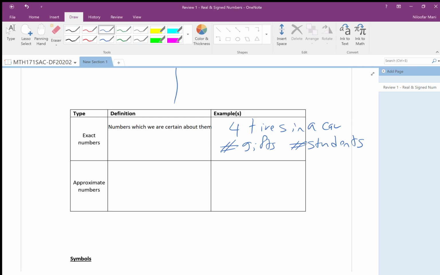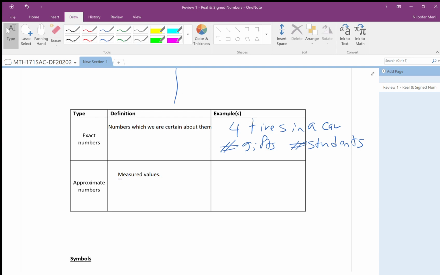So if I have a measured number, I can type it here. Measured values. You have many measured values in the lab. They are approximate because when you measure weight, grams, kilograms, when you measure volume, liters, milliliters, when you measure length, meters, centimeters, those are approximate.